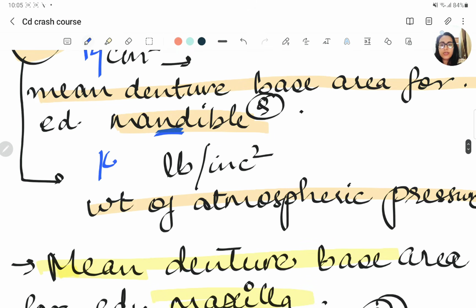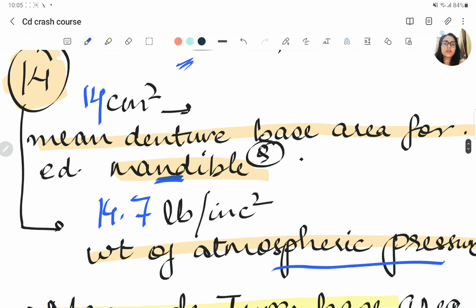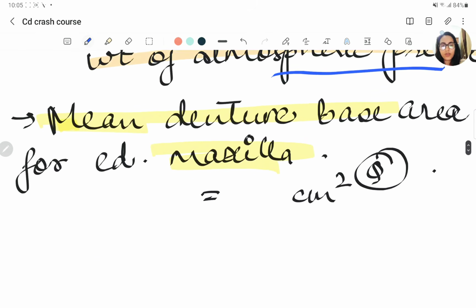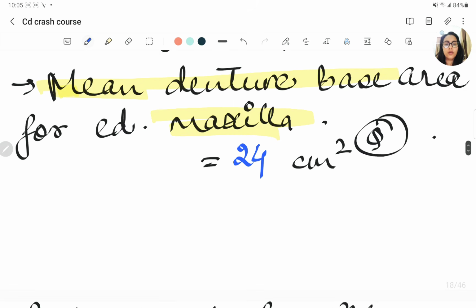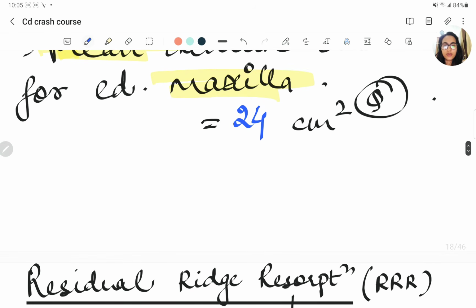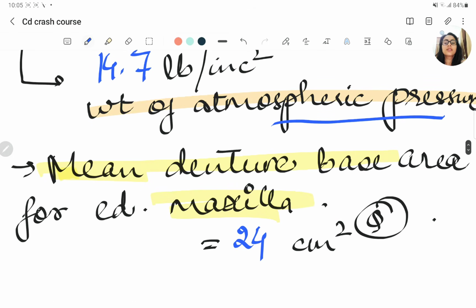For the edentulous maxillary arch, 24 centimeter square is the mean denture base area.